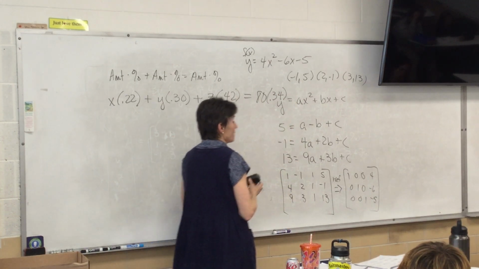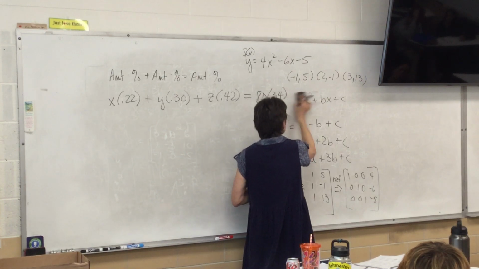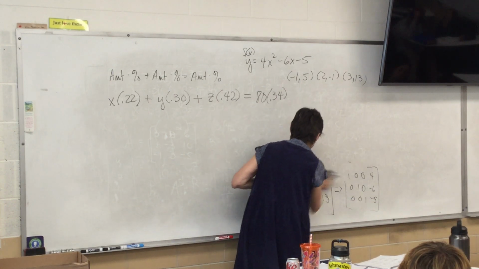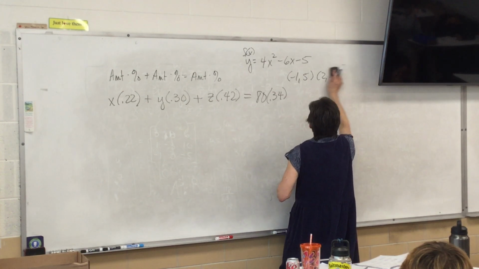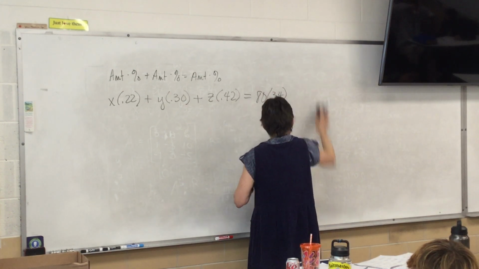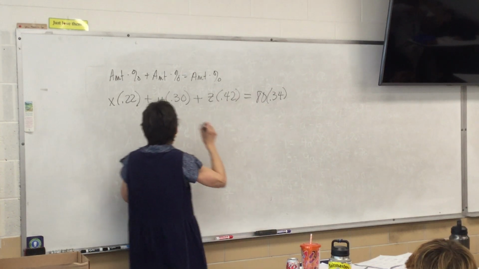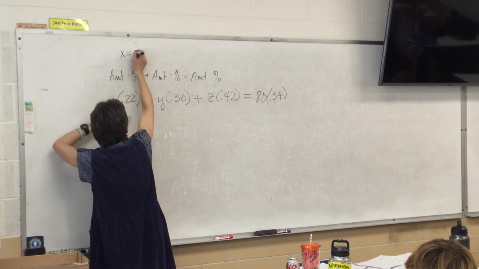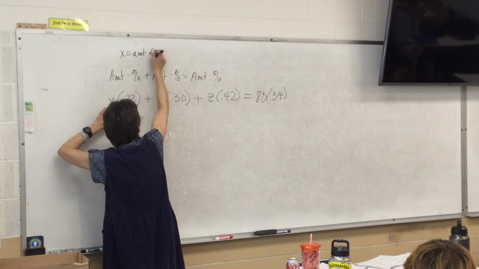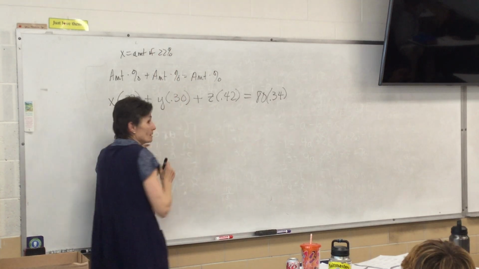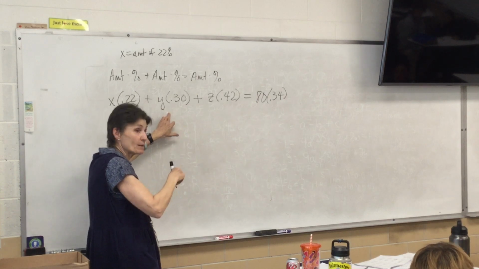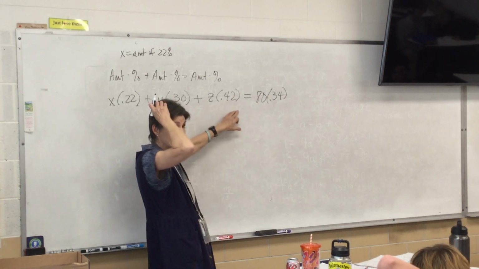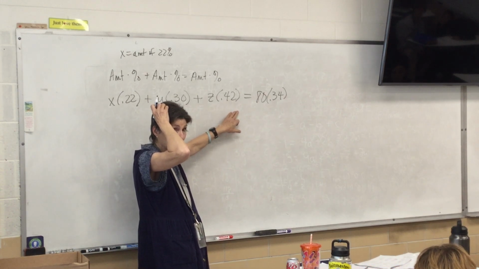Nice thinking, David, good thinking. There's the equation to start the problem anyhow. Now, I didn't define my variables, but X is the amount of 22%. Y is going to be the amount of 30%, and Z is going to be the amount of 42%.